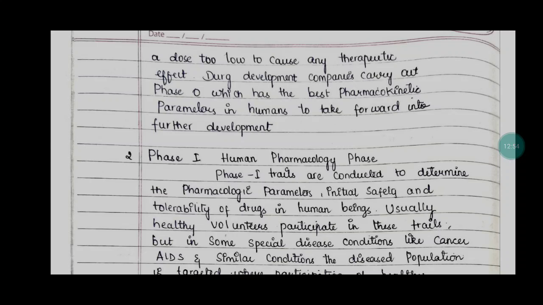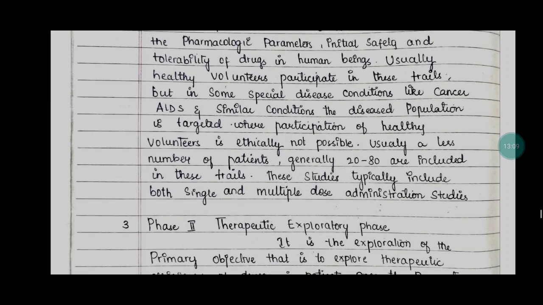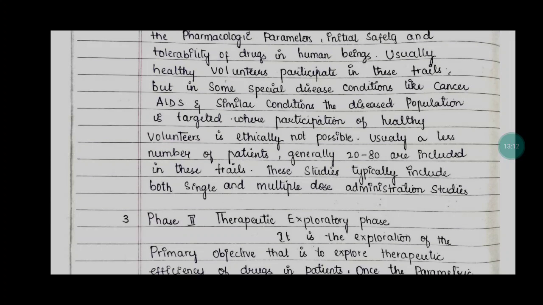And number two, that is phase 1, the human pharmacology phase. Phase 1 trials are conducted to determine the pharmacologic parameters, initial safety and tolerability of the drugs in human beings. Usually healthy volunteers participate in these trials, but in special conditions like cancer, AIDS and similar diseases, the disease population is targeted where the participation of healthy volunteers is ethically not possible.